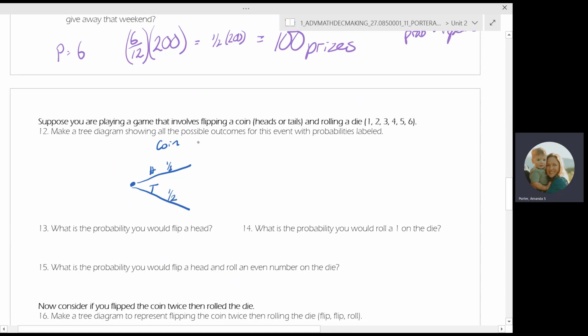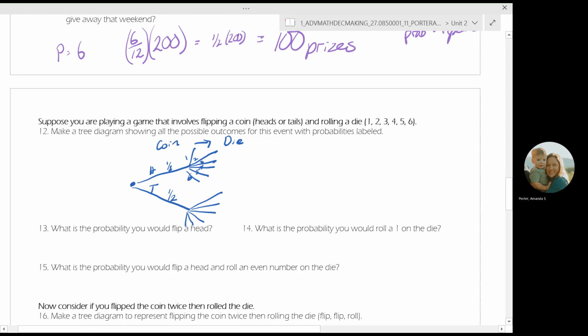And then your die, you're doing this, then you're doing the next one. A die has 6 options, and each one of these has 6 options. I think I got all 6. So you could get a 1, a 2, a 3, a 4, a 5, a 6. The probability of each of those, because rolling a die, I hope you know, is not weighted either, is 1 out of 6.